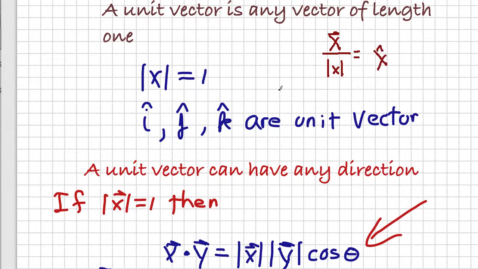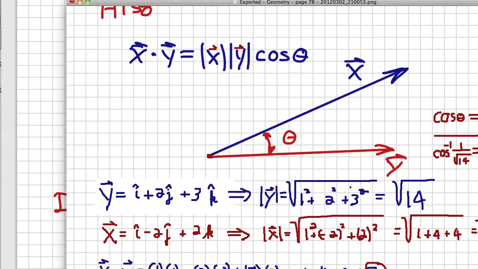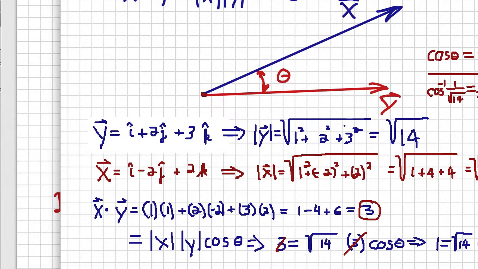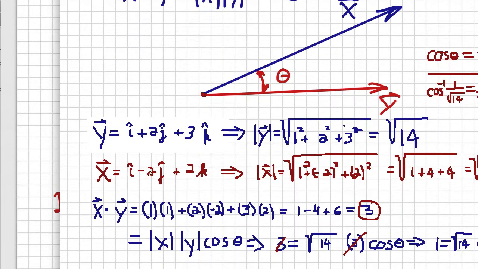Okay, so what that means, for instance, if I look at that other example, my x vector was 1, -2, 2. So I can compute the unit vector. Let me do it right here.